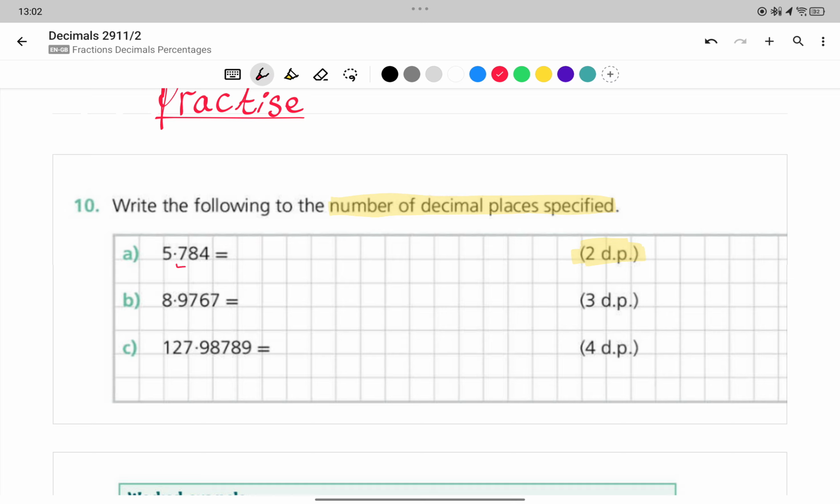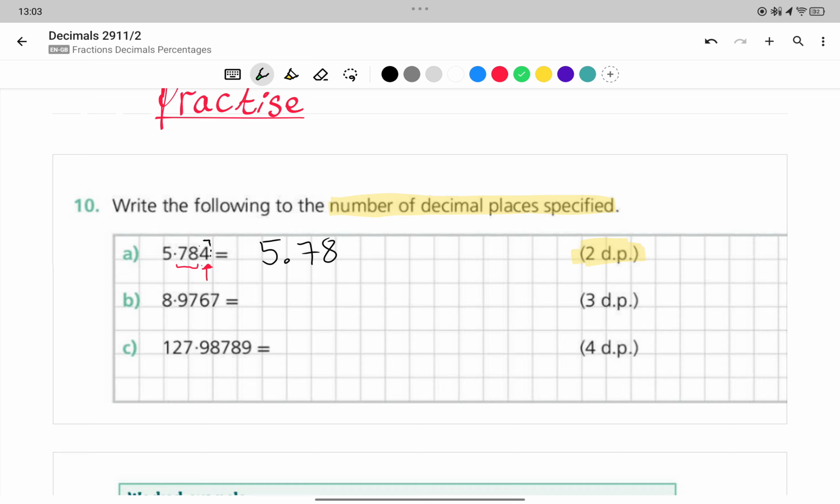If we want to keep 2 decimal places, we look at the third digit after the decimal point. And if it's 5 or more, you round up. Seeing that 4 is less than 5, the answer is just 5.78.